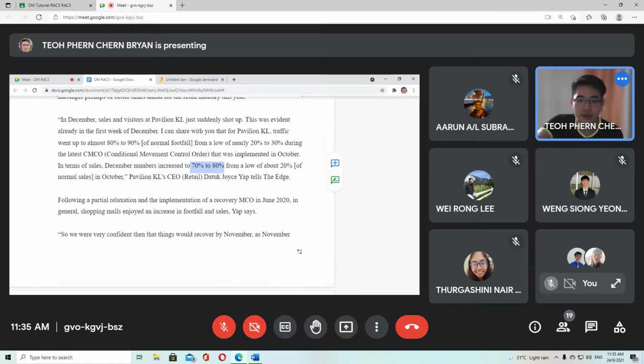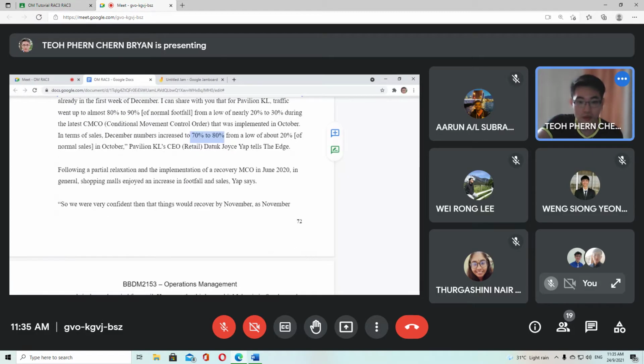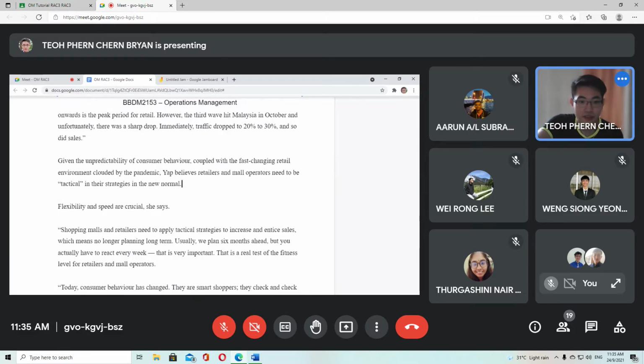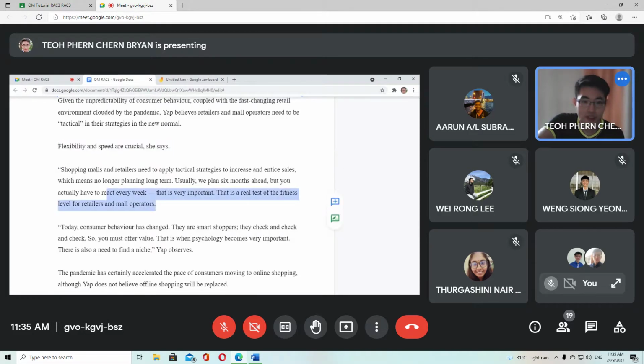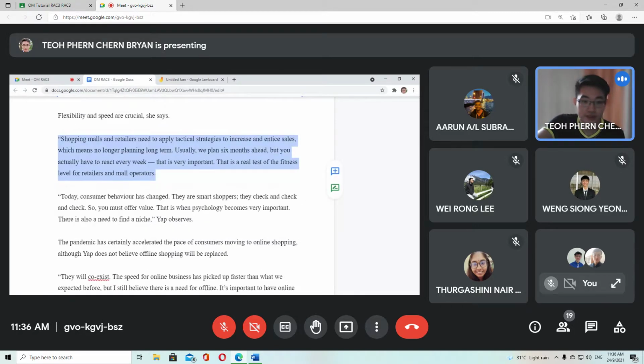Now, this case is about what Pavilion needs to do. So it starts here. Consumer behavior is very unpredictable. Flexibility and speed are crucial. You need to react quickly. You cannot plan long term anymore because of the situation. Customers are smart shoppers.